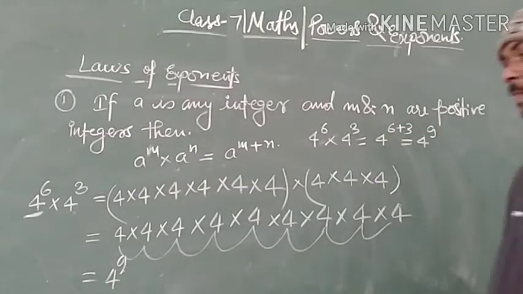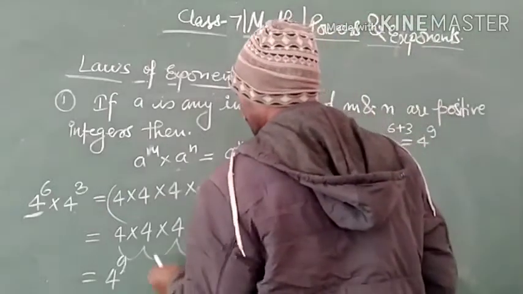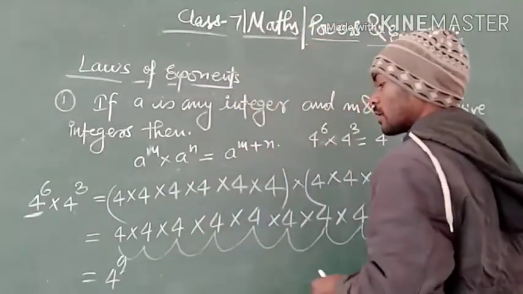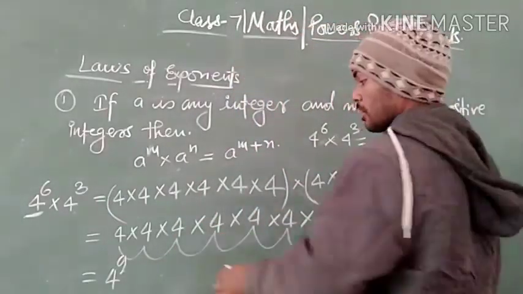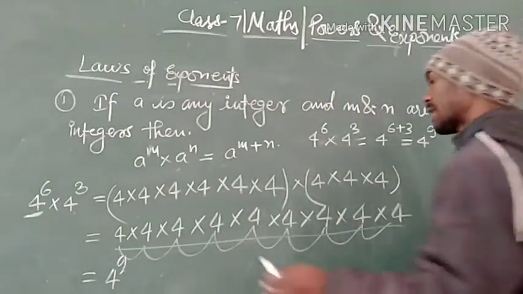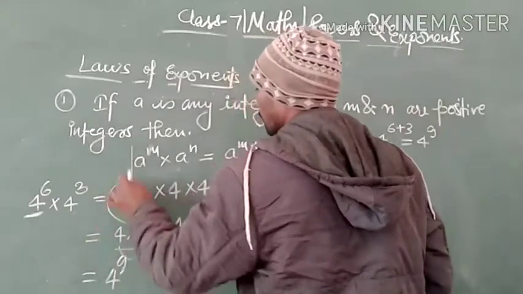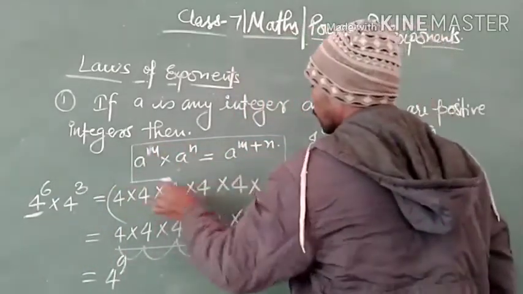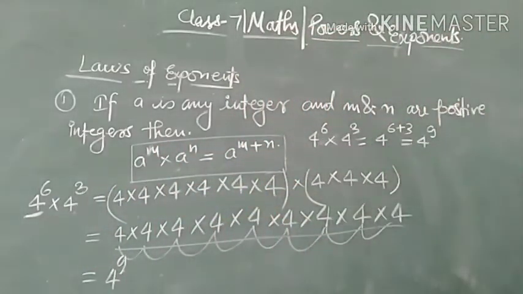So 4 to the power 9, that is the sum of powers, is brought out from this step. So this example is the proof of this rule. Okay. So I hope that the first law of exponent is clear to everyone.